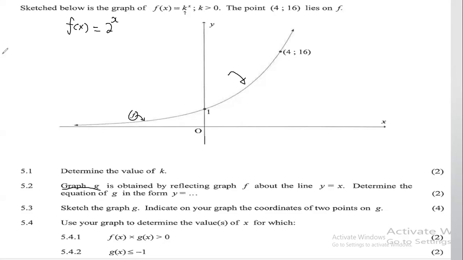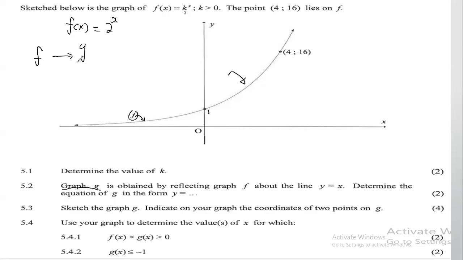So you can reflect the graph of f to find the graph of g. How can we find the equation of g using the equation of f, which is 2 to the exponent x?